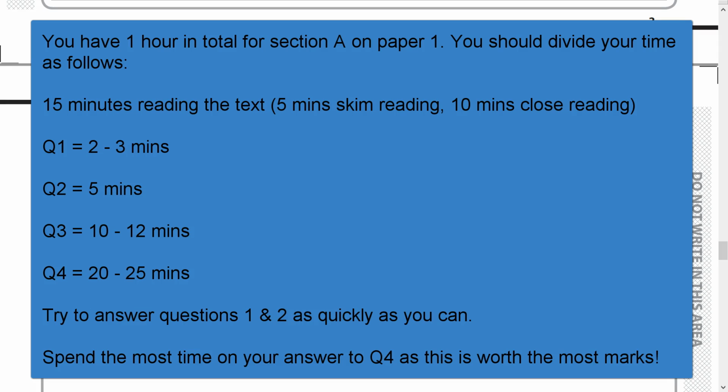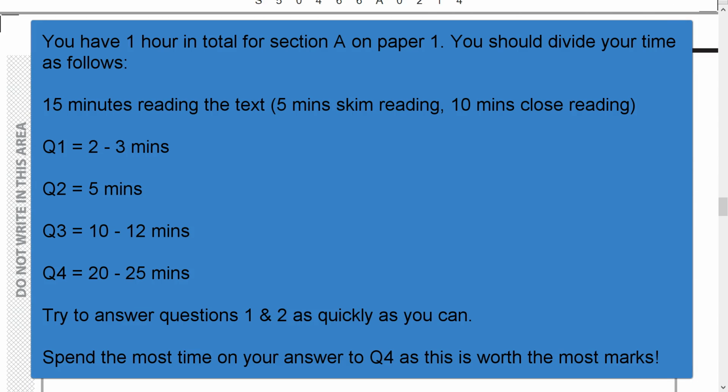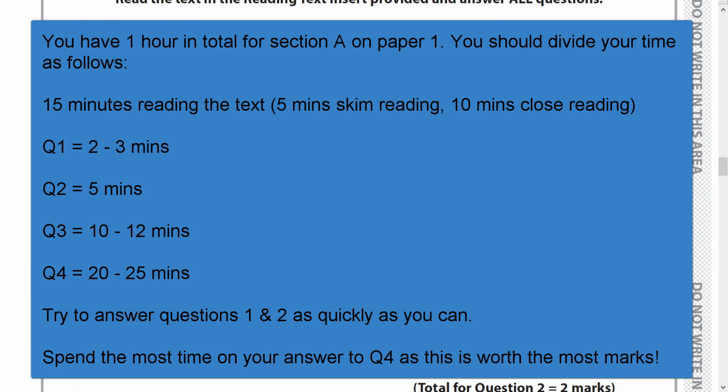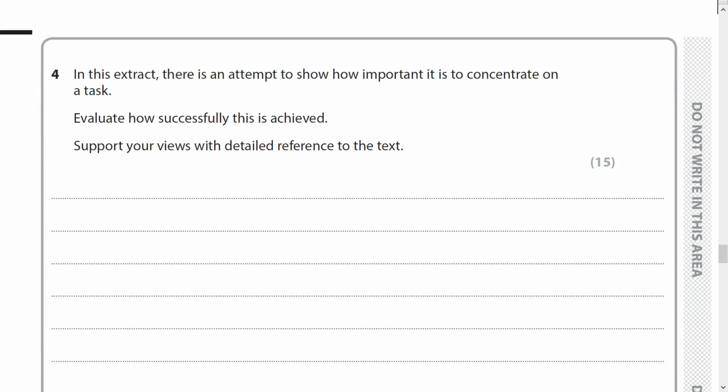You've got about 15-20 minutes reading time at the beginning, and then you can afford to spend around 20 minutes on question 4, maybe 12 to 15 minutes on question 3, and then you can spend 4 or 5 minutes answering question 2 and 2 or 3 minutes answering question 1. So you have more time to answer these questions, and that is how you go about answering section A questions on paper 1.